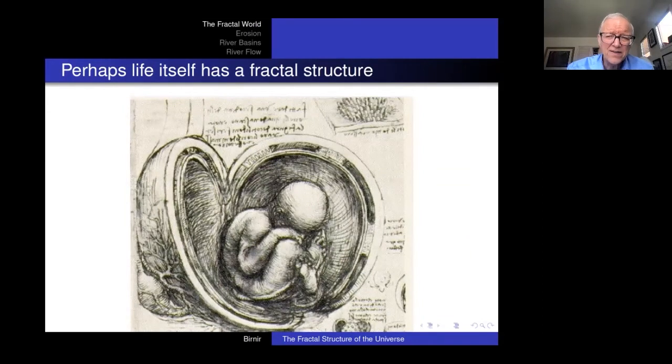Well, there are many things in the human body that have fractal structures. If you think about our veins, they have a fractal structure. We have big arteries that split into smaller ones, that split into still smaller ones. Our nerves also have a fractal structure.